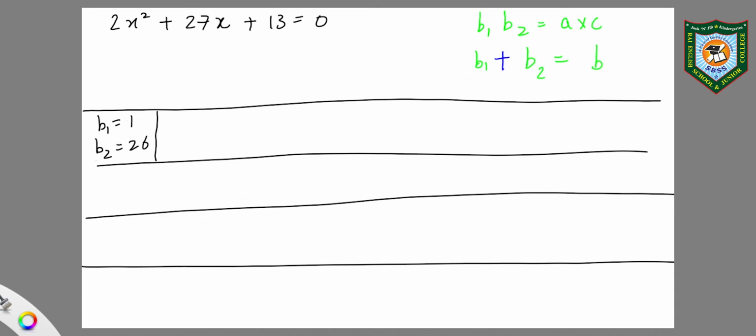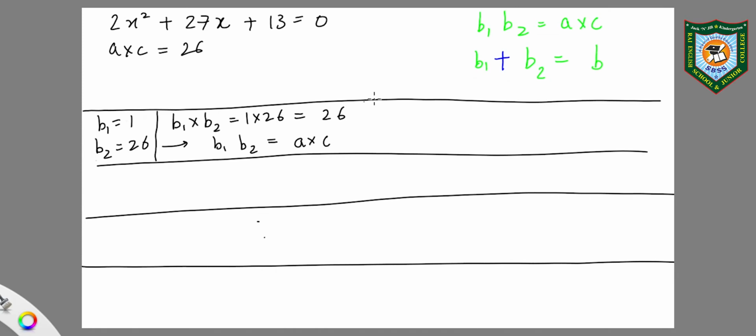Now once I get this, all I have to do is multiply b1 into b2, which is equal to 1 into 26, which is equal to 26. And this value, I can say that b1 b2 is equal to a into c. As we can see from our equation, the value of a into c is 26.